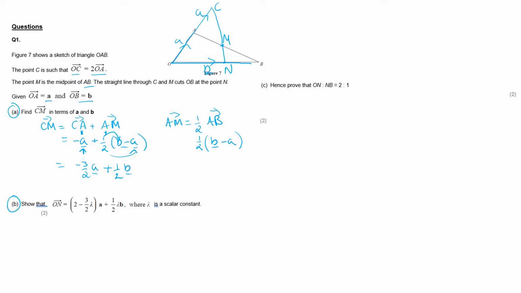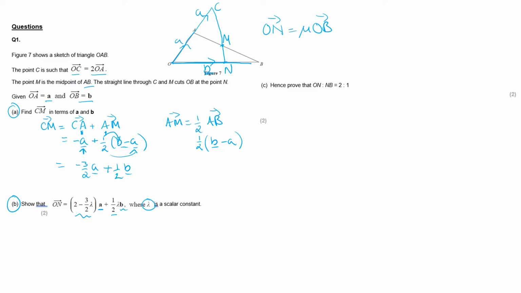In part B, show that ON is all this thing. We can see that you've got something in front of the A vector and something in front of the B, and we're using this lambda as a scalar constant. So to get to O to N, it's going to be some scalar of O to B. So we might call that mu O to B. So it's some fraction of that journey.